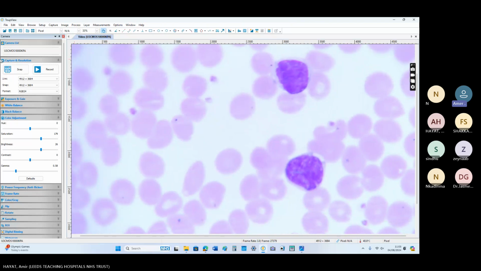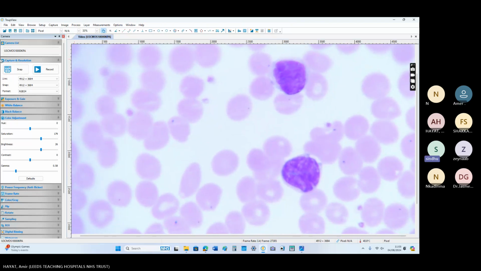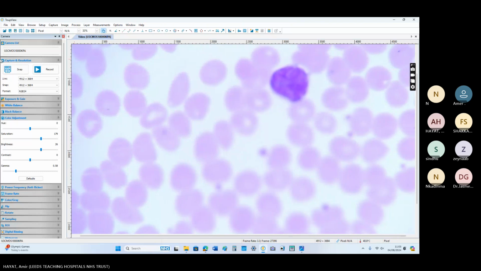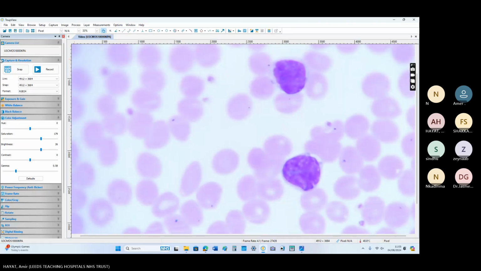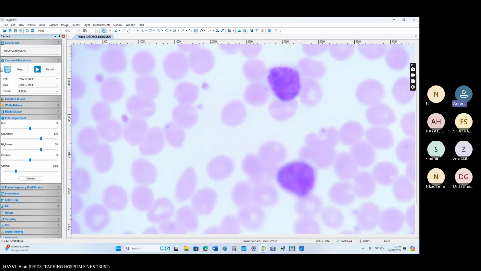To me, both look like cerebriform. And this one as well. They have a lot of folds in the nucleus. The top one. See this fold and this fold and this fold. So these are Sézary cells.